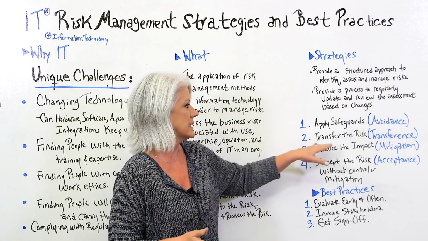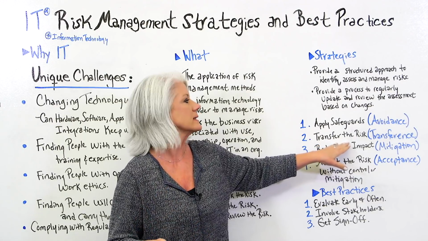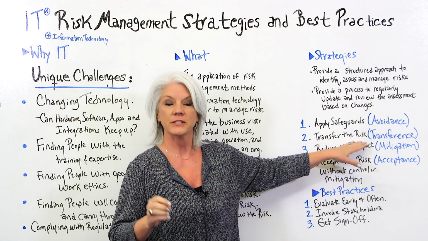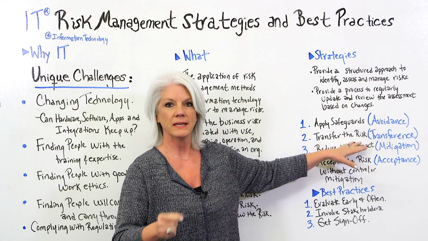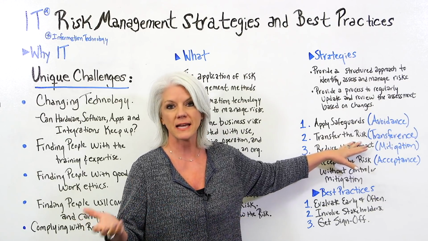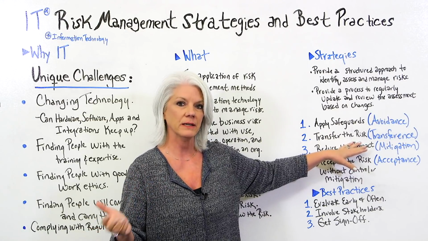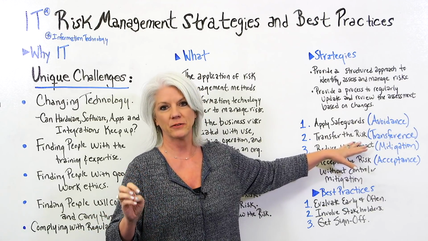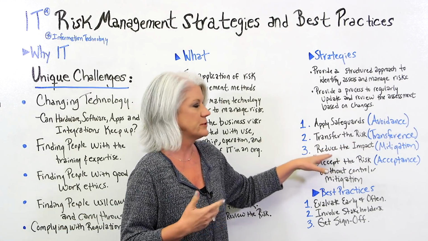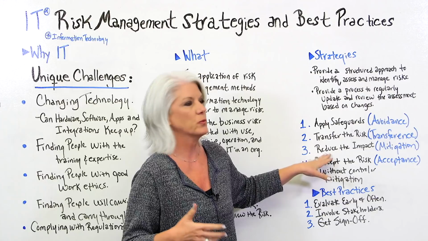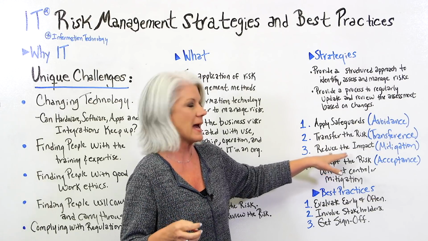The second one is transferring the risk. That's transference. So you may be transferring that to another group, another organization, maybe an outside company who can handle that better. So it may be less of a risk to whoever it is transferred to. You also, mitigation is one where you reduce the impact of that risk.